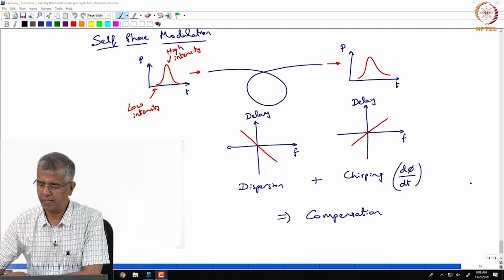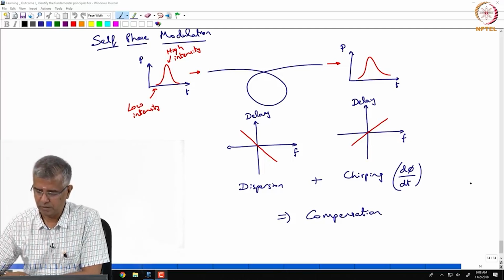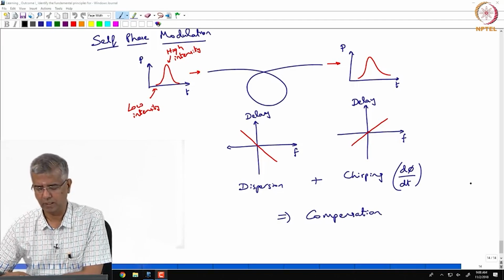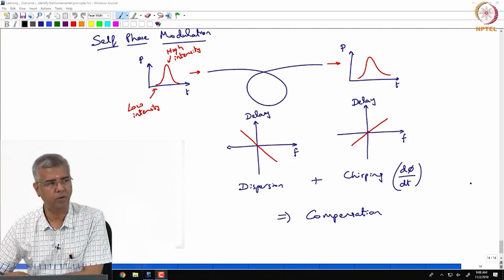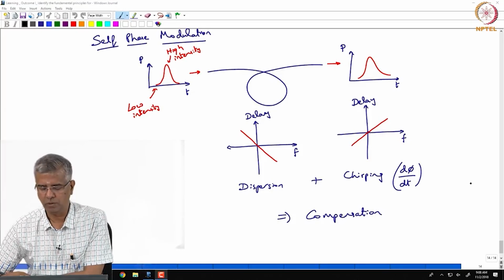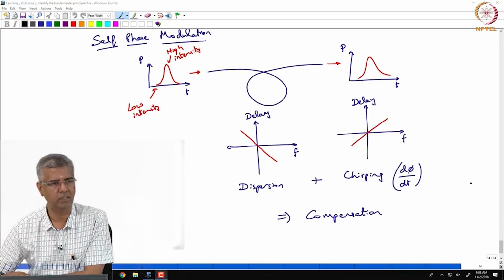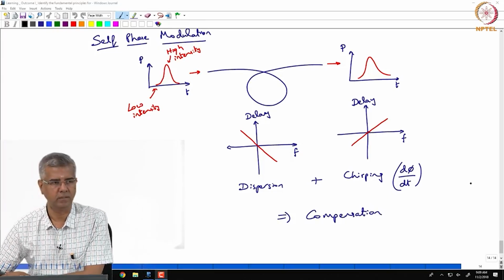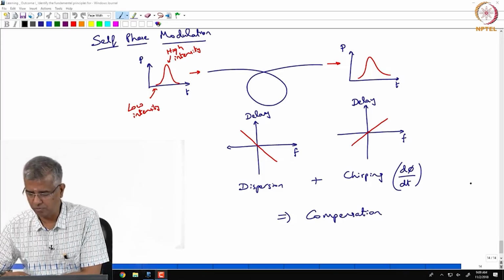And I should mention that there is one particular shape of the pulse in which the self-phase modulation that it incurs and the chirp that it incurs automatically compensates for the dispersion that the pulse incurs, and it can remain that shape all along the length of the fiber.